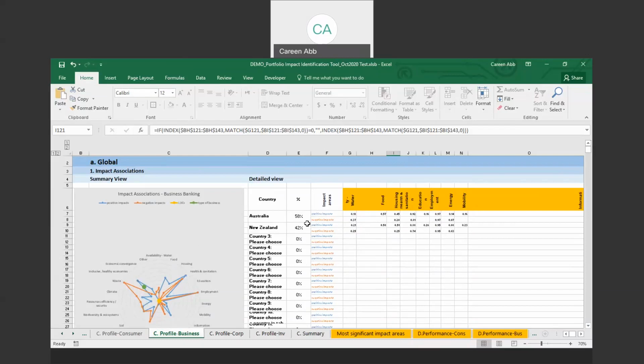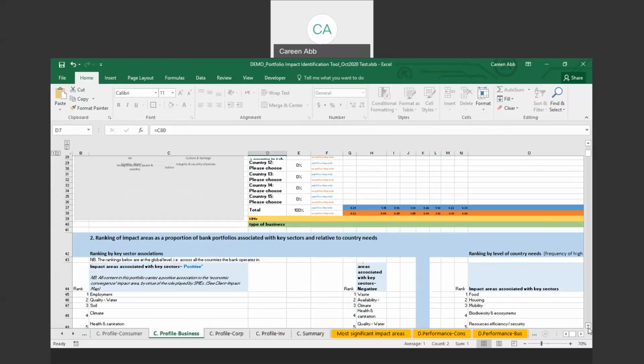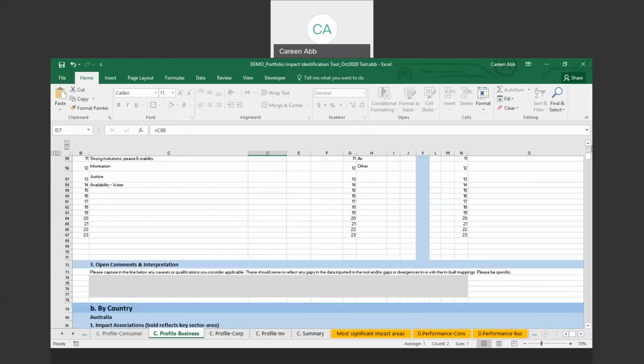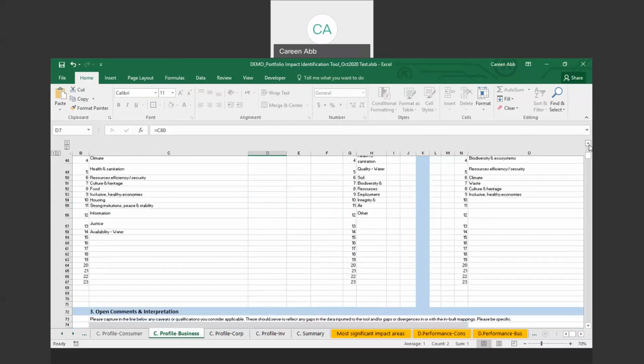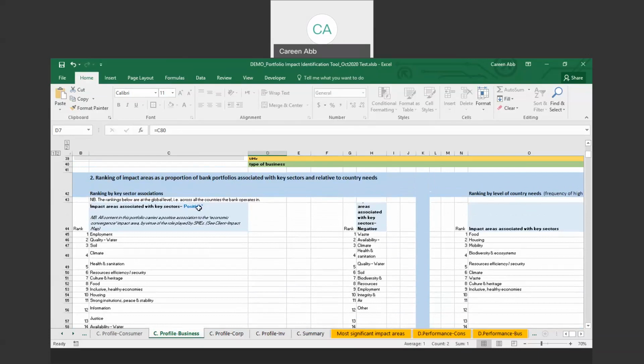On the side here, the detailed view shows, of course, not the sectors, since these vary by country, but they show you the countries one by one. When it comes to the rankings, these are now limited to a ranking per portfolio proportion.